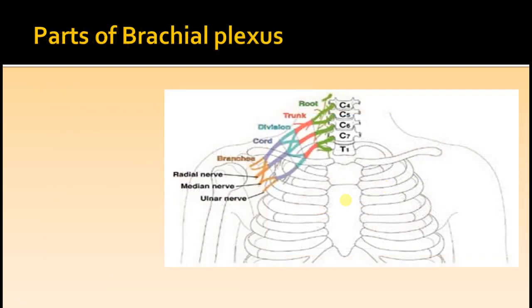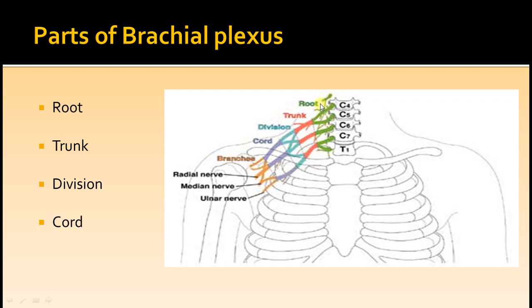So now coming to the parts of the brachial plexus. Here you will appreciate that it consists of 5 parts: the root stage, then the trunk stage, the division stage, the cord stage, and finally the branches. Now again, I would like to make one thing clear: don't think branches arise only at the end from the cords.